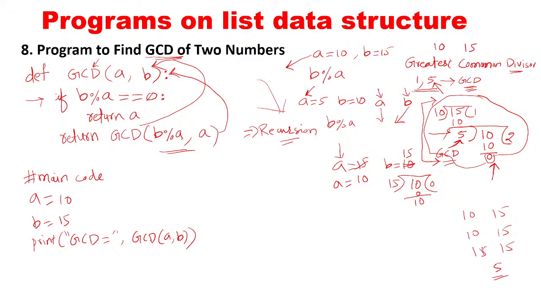Sometimes in competitive coding, we concentrate only on the logic of smaller number first, bigger number next. But in test cases, sometimes the bigger number comes first and the smaller number second, and then your code may fail. In this case it is not failing, but you should understand this. You should be able to identify whether your code gives the correct answer if I give the bigger number first and smaller number next.